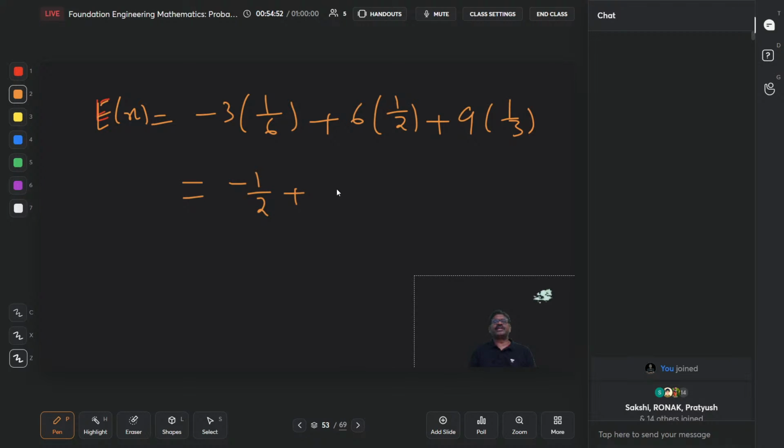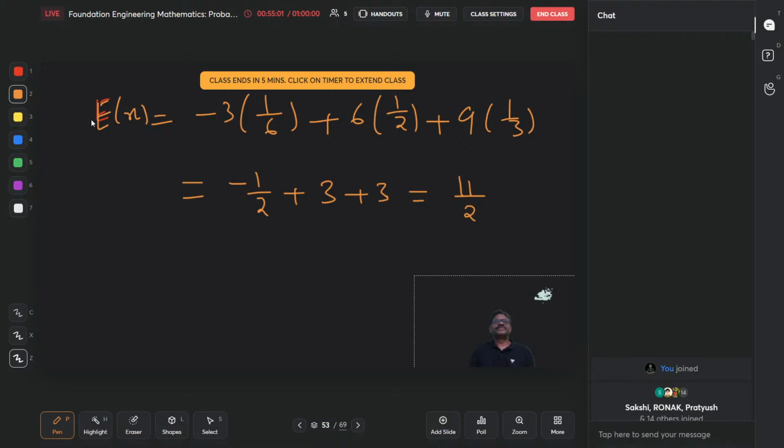Minus 1 by 2 plus 6 by 2 is 3. 9 by 3 is also 3. 6 minus 1 by 2 is 11 by 2. Expectation of x is 11 by 2.